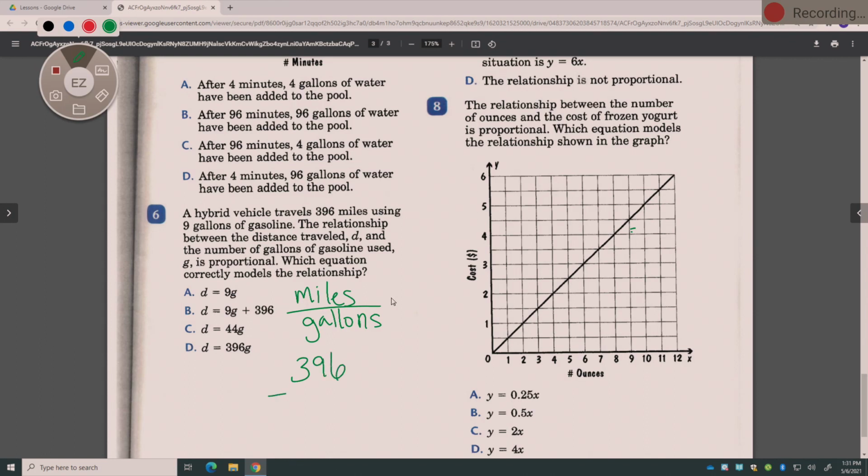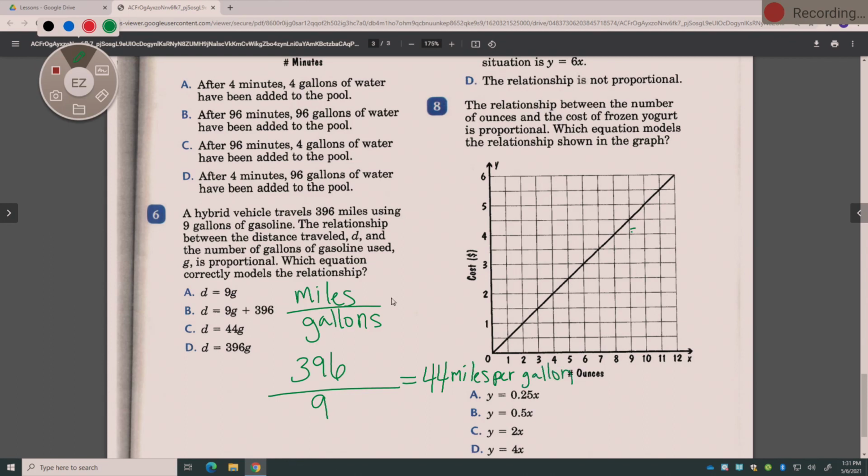So then I need to put my numbers in, right? 396 miles uses up 9 gallons of gasoline. And 396 divided by 9 is 44. So I can go 44 miles per gallon.